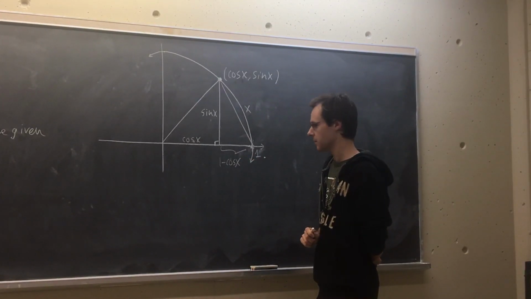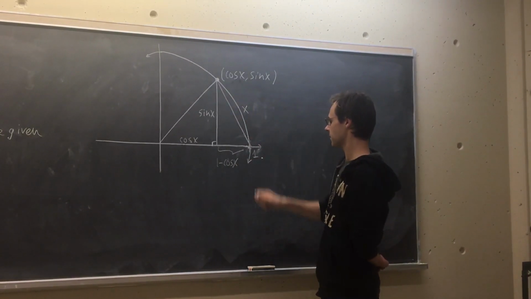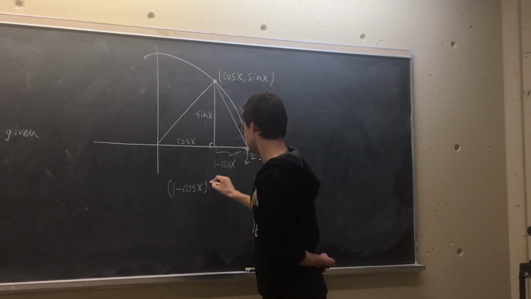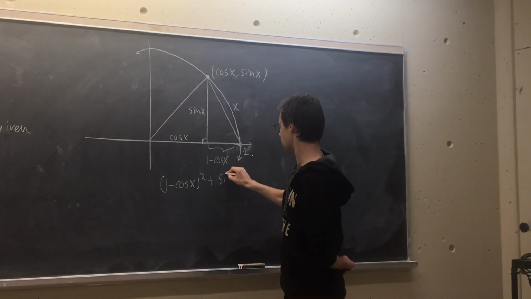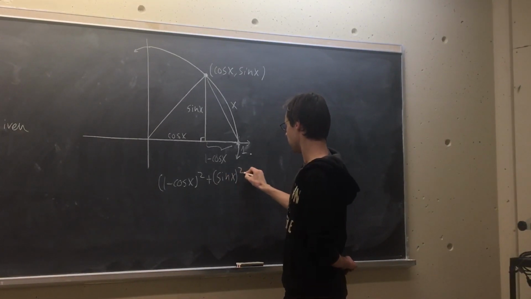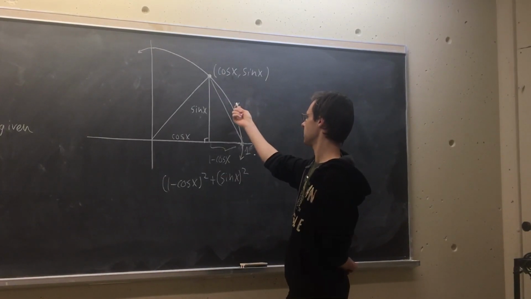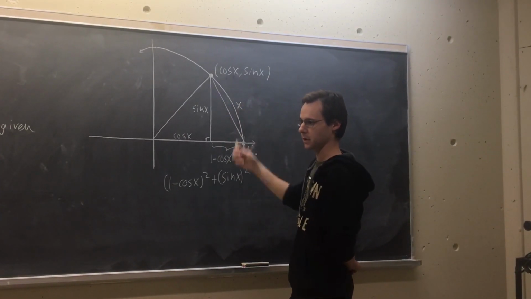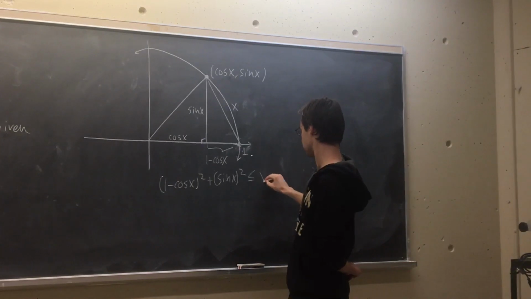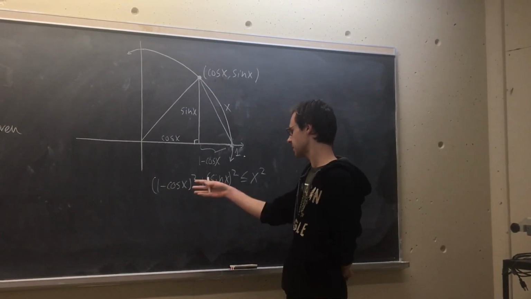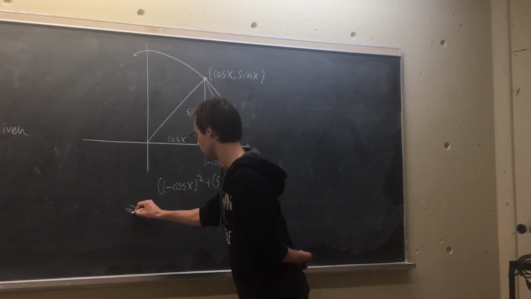And from the Pythagorean theorem, the length of the line is the root of (1 minus cos x) squared plus sine squared x. And that's less than or equal to x. So we might as well just ignore the root and say that this is less than or equal to x squared. Okay? Now if we expand this out, what do we get?